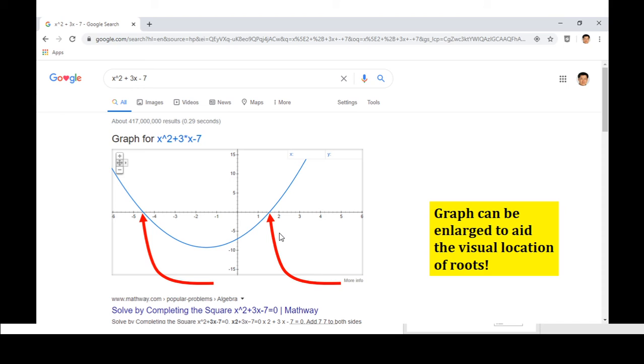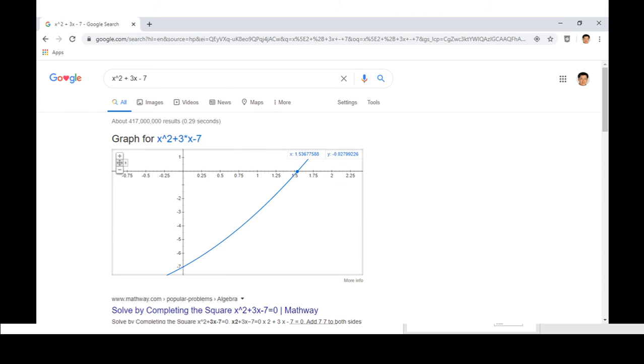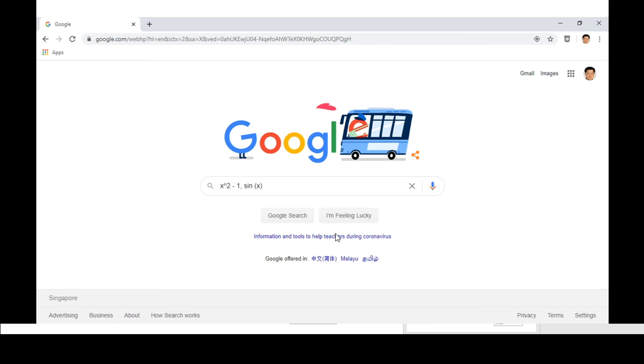I can locate it a lot more precisely by enlarging it like that, and I can see that it's slightly over 1.5. If I put my cursor there, you will see that the coordinate of that point is 1.53 and minus 0.027. Okay, so it's an approximation of your root. Fairly good, in fact, a very good approximation of the root.